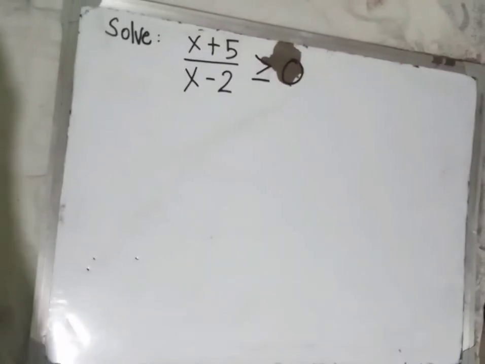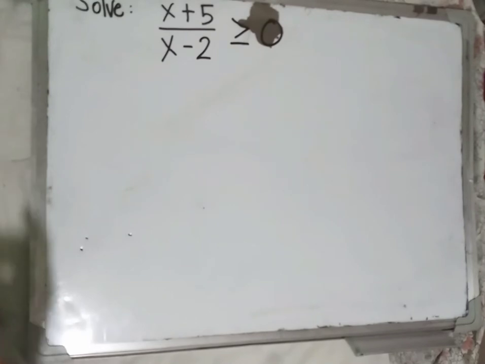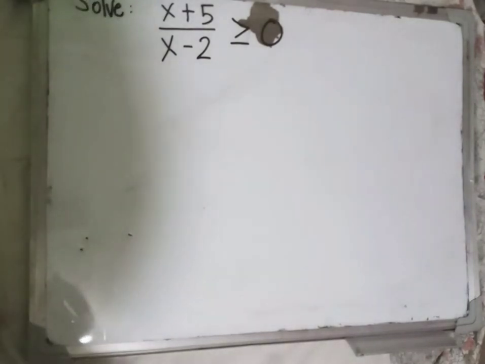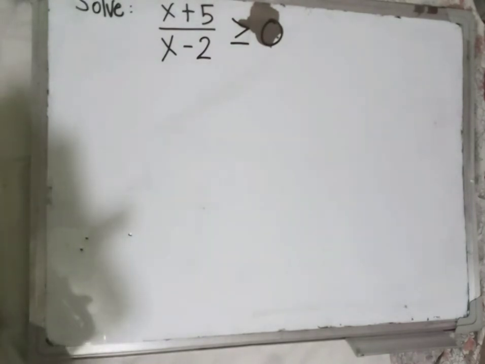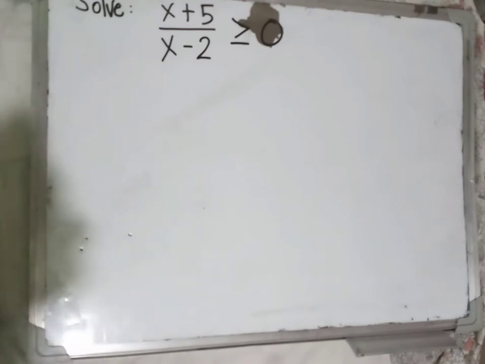So today we will discuss how to solve a rational inequality. In solving a rational inequality, there are 5 rules in order to solve the given inequality. Number 1, write the inequality with a single rational expression on the left hand side of the inequality and 0 on the right hand side.